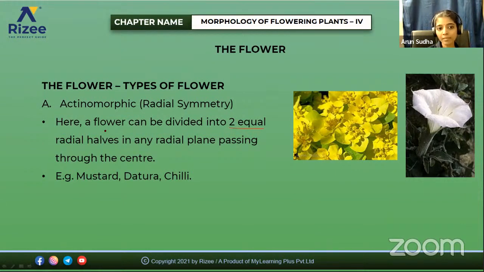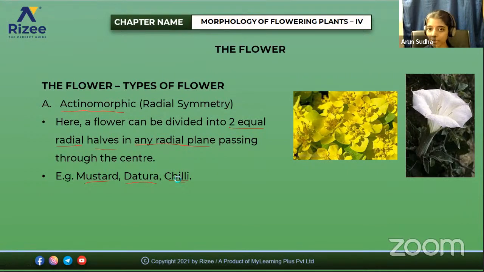So here you're calling it actinomorphic flowers. The flower can be divided into two equal radial halves in any radial plane. So if you cut in any plane passing through the center, it can be divided into two equal halves. Example, mustard, datura, and chili are examples of actinomorphic.